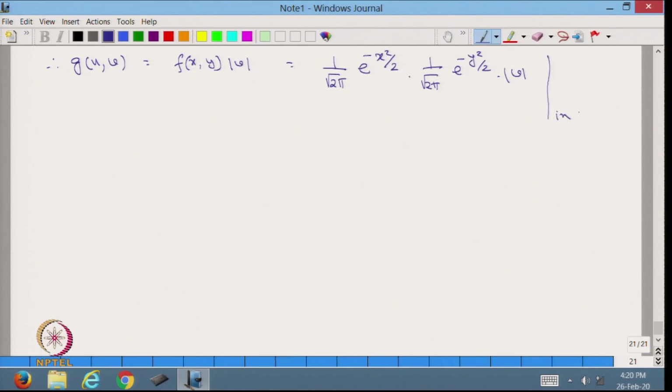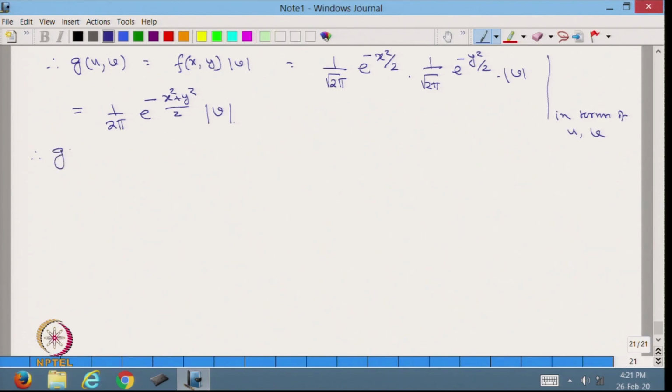In terms of u and v, it is equal to 1 over 2 pi e to the power minus x square plus y square by 2 into modulus of v.